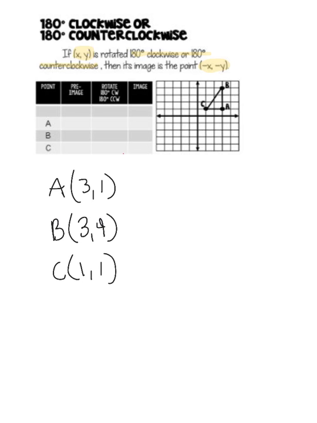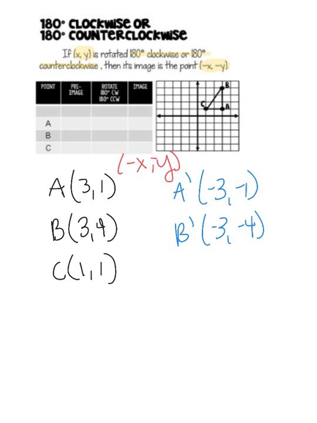If we apply our rule of (negative x, negative y), A prime becomes (negative 3, negative 1), B prime becomes (negative 3, negative 4), and C prime becomes (negative 1, negative 1).